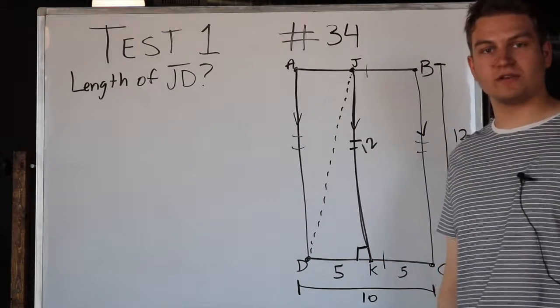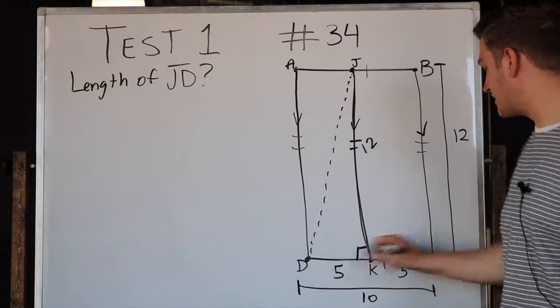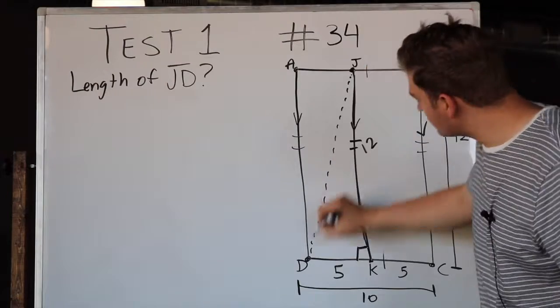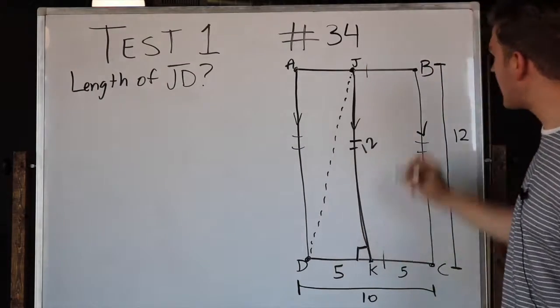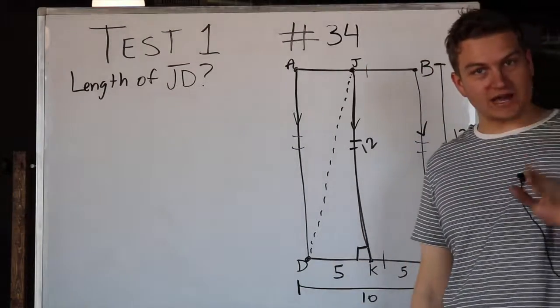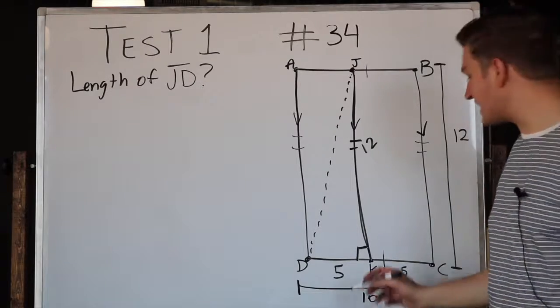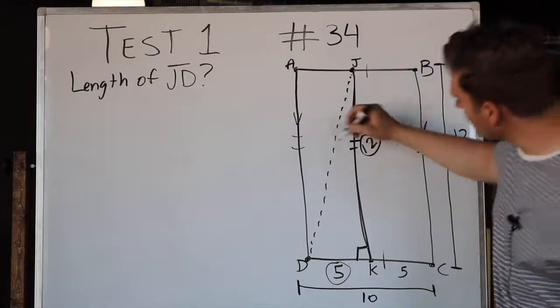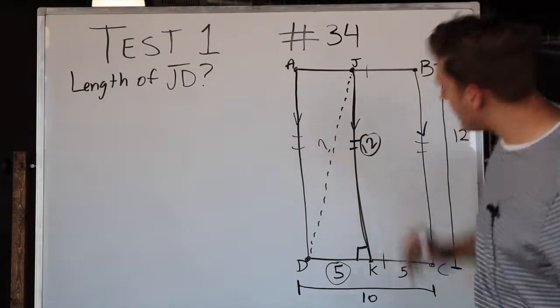We have a perpendicular bisector of DC, meaning that, check it out now, we have a right triangle. Triangle DKJ is a right triangle, and we know two of its sides. We know one side is 5, the other side is 12, and we need to find this side right here.